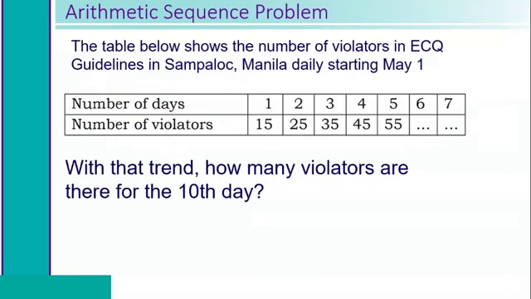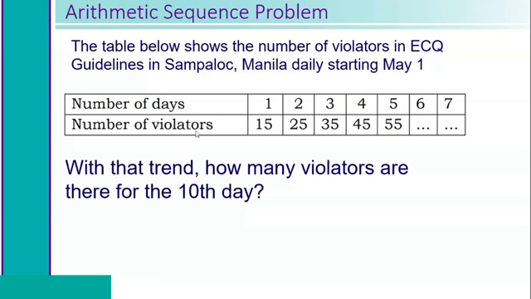In this problem, the table below shows the number of violators of ECQ guidelines in Sampaloc, Manila, daily starting May 1. So this is about the COVID-19 problem. The number of days is 1, 2, 3, 4, 5, 6, 7. So there are 7 days starting May 1.